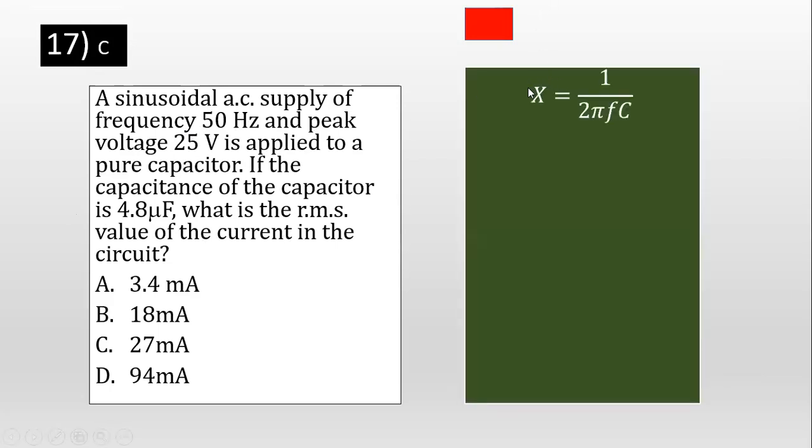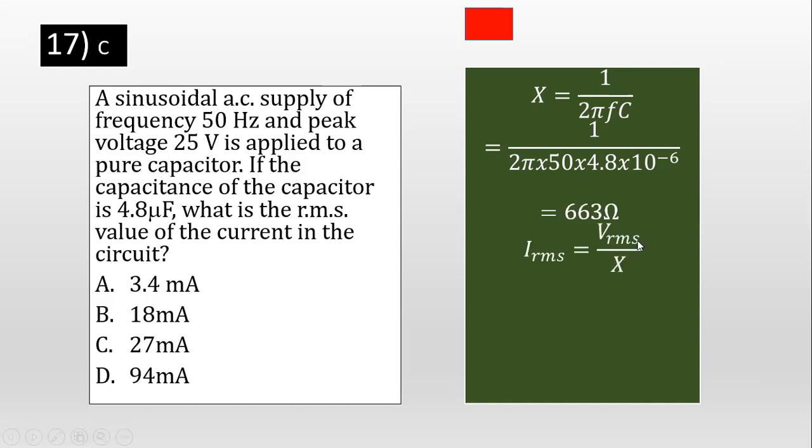So find the reactance first. That's the formula for reactance. Put in your value for F, 50. C, convert it to SI unit. Calculate it out. And current is voltage over resistance, or in this case, reactance. Put in your value.